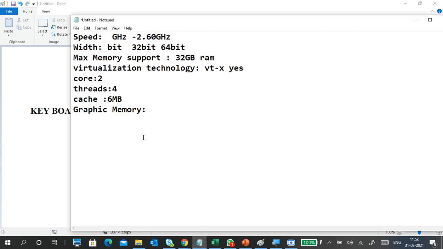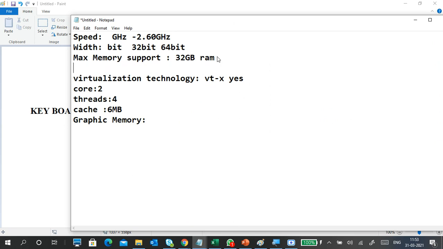Okay, next one. Next, the maximum supported RAM size, and also what type of RAM is supported. Either it is DDR3 type or DDR4. It may be a 1600 megahertz frequency, or maybe a 2400 megahertz frequency.